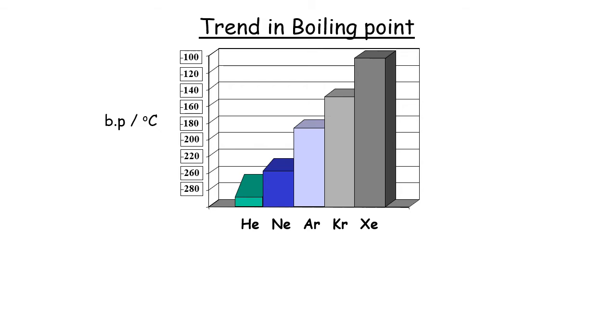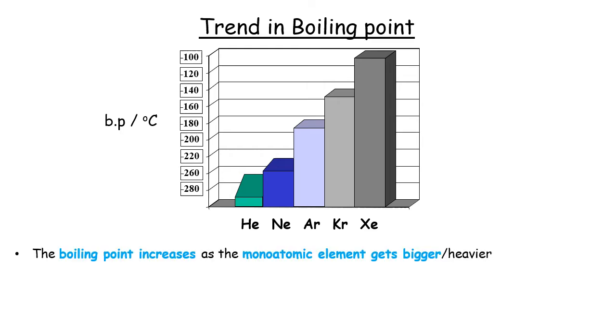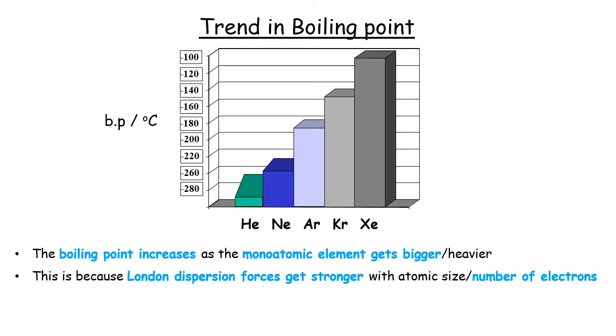Now, we can see that there definitely has to be some sort of force between them, because when we go from helium to neon to argon to krypton and then to xenon, we see this big increase in boiling point. So there has to be some factor that causes these single atoms to have different boiling points, and it is the monoatomic elements getting bigger and having stronger forces.